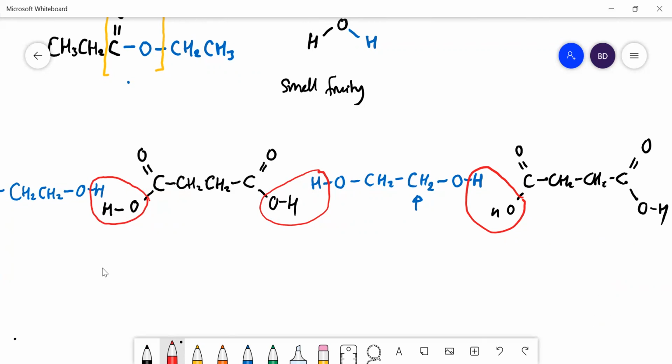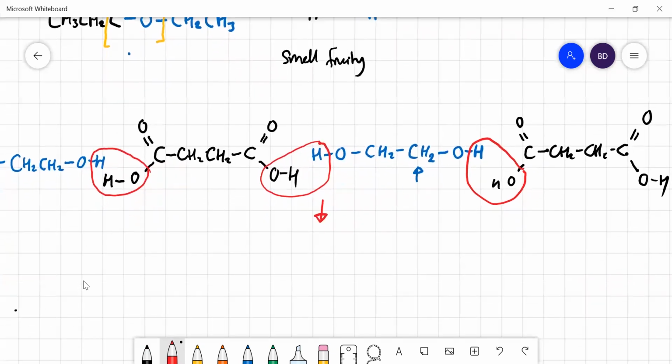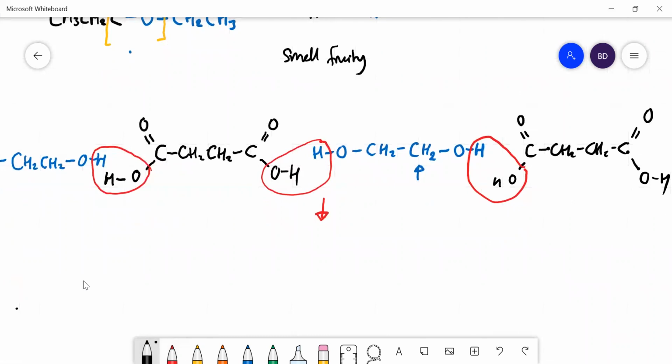So if I draw the ester there, each time you form an ester linkage, you're going to get a molecule of water being formed as well. So this molecule is going to look like this, and then it has CH2, CH2 that's come from the alcohol, that oxygen, the blue, comes from the alcohol, and then we have the new carboxylic acid here.